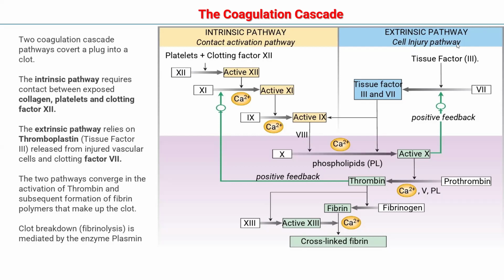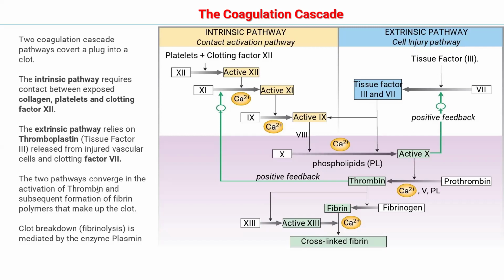The extrinsic pathway, which is shorter than the intrinsic pathway, relies on thromboplastin, which is tissue factor number 3, released from injured vascular cells, and clotting factor number 7. So tissue factor 3 is thromboplastin, and factor 7 is part of the extrinsic pathway.